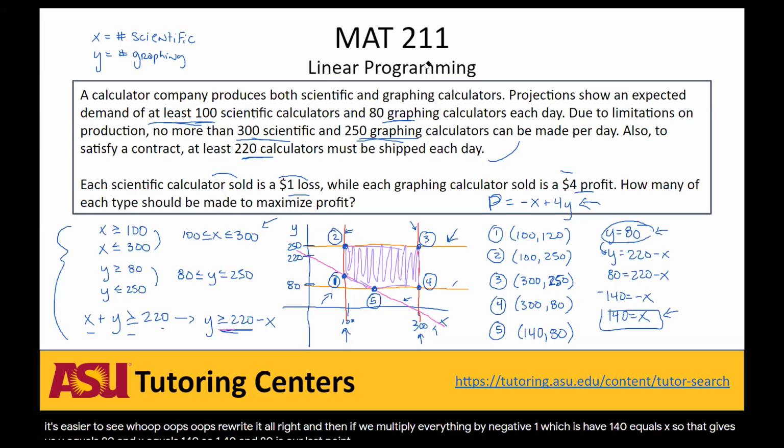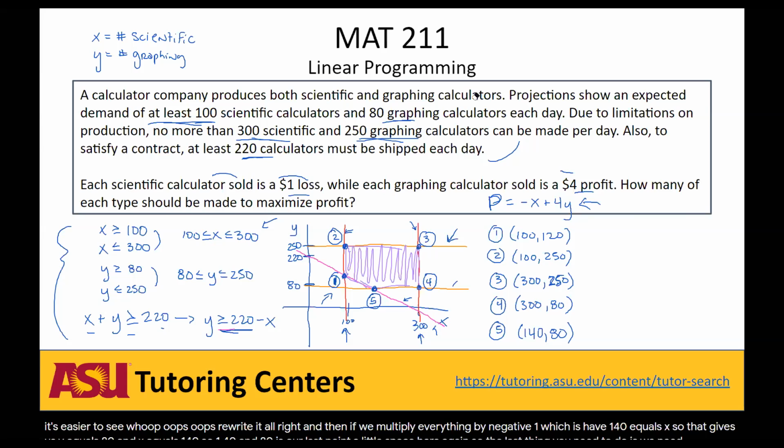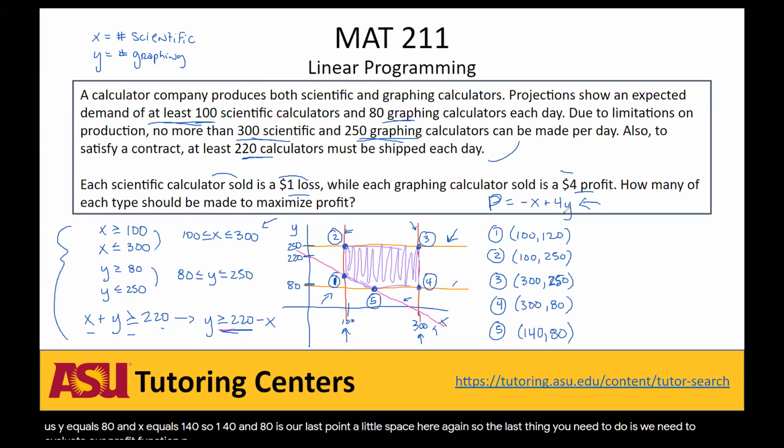The last thing we need to do is evaluate our profit function, p equals negative x plus 4y, at each of these points. Let's do it just for the first one, and then I'll let you try it at home for the other ones.